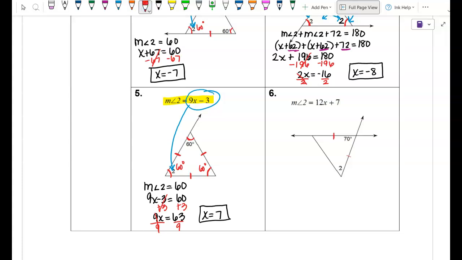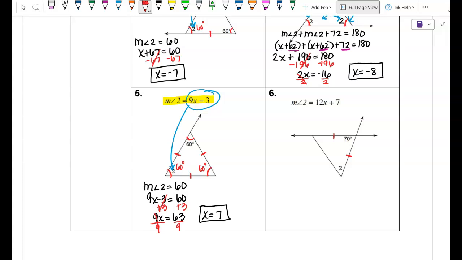Number 6, do I have an isosceles or an equilateral triangle? And again, the difference comes down to, do I have 2 sides marked or do I have 3 sides marked? How many sides are marked in number 6? 2, which means I have an isosceles triangle.